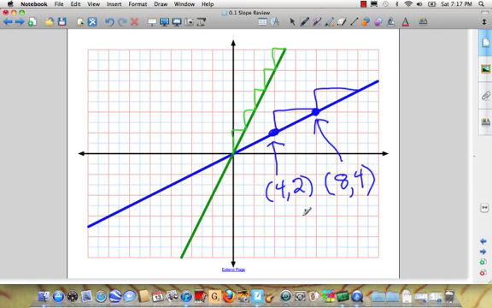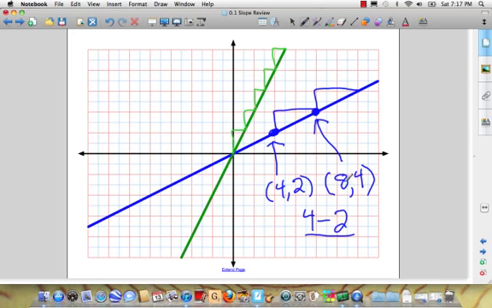So we can find that by subtracting 4 minus 2. I'm going to put that in the numerator. So that tells us that to go from this point to that point, I have to go up 2 units. How far over? 1, 2, 3, 4.